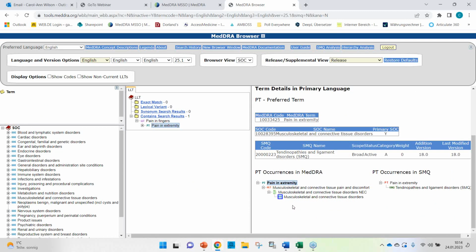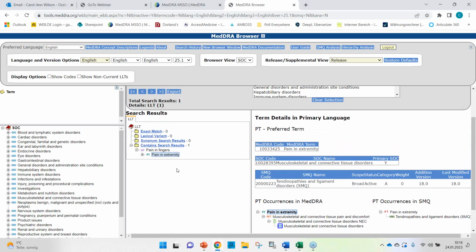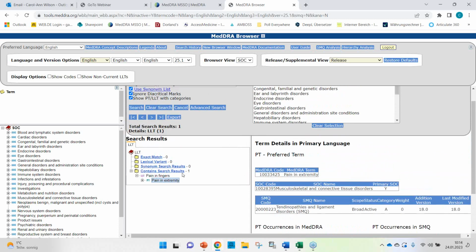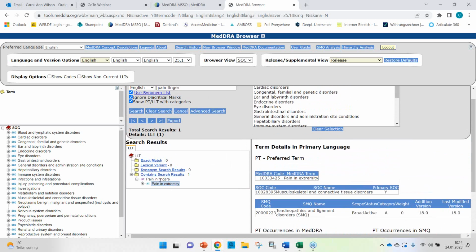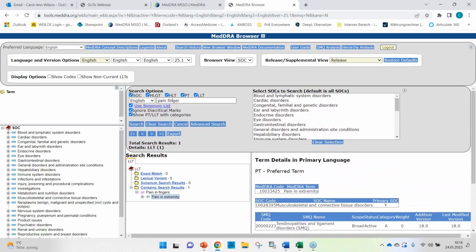It's under musculoskeletal SOC as well, but it's under a different HLT, musculoskeletal and connective tissue pain and discomfort. So this would really change the PT in this instance if we would assign the pain in fingers.